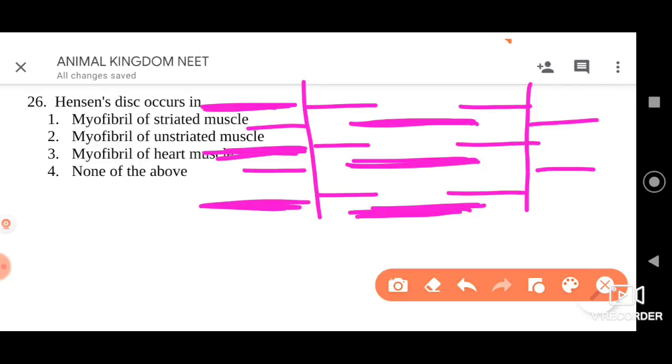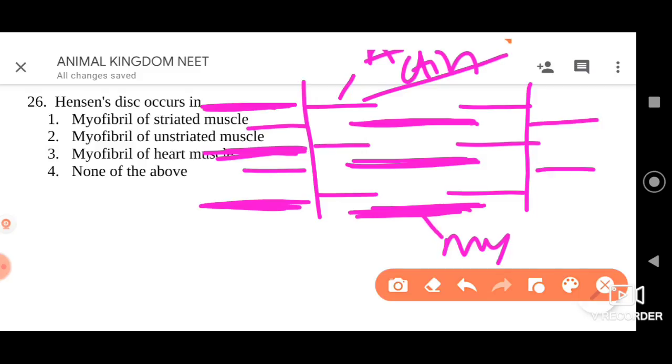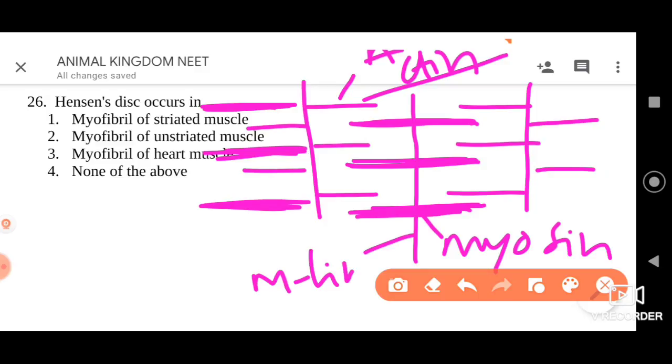The H zone is present between, this is actin and this is myosin. In between the actin itself we can find this H zone. This is the M line, which is present in the center of the thick myosin filaments.